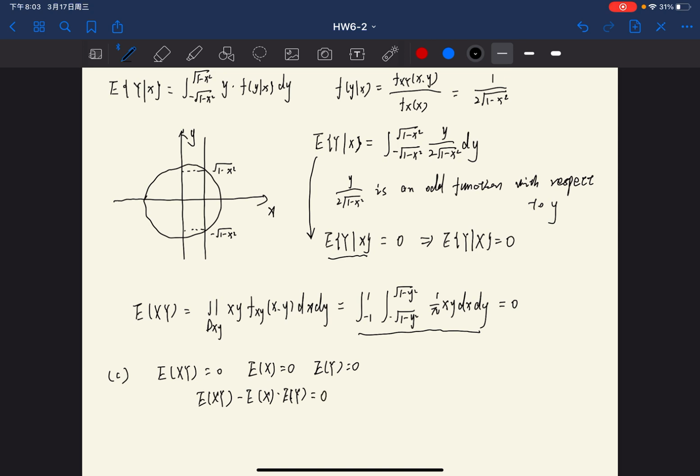So it's obvious that, because the covariance is 0, x and y are uncorrelated. So this is the second question.